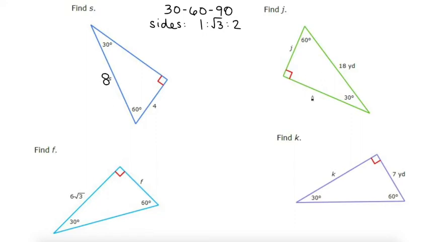So what do you think about this one here at the top right? If the hypotenuse is 18 yards and we want to find the length of that short leg, what will it be? So since we know the hypotenuse is twice as long as the short leg, we just divide 18 by 2. That side must be 9 yards.